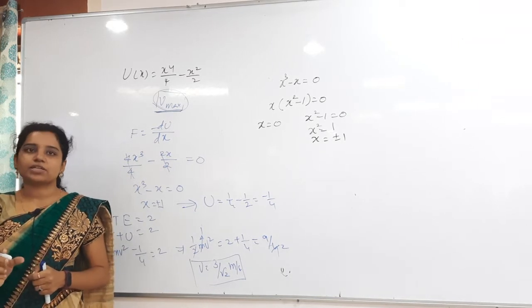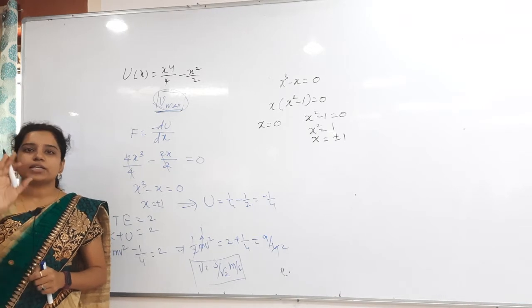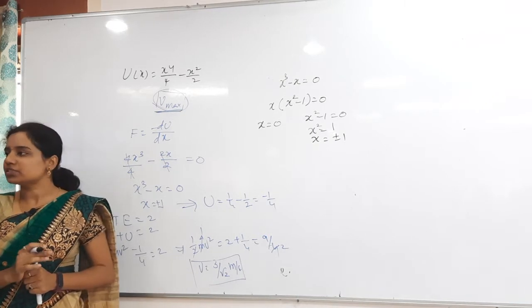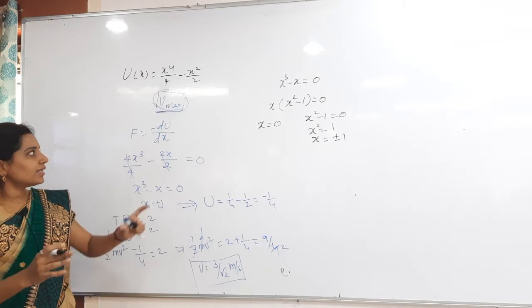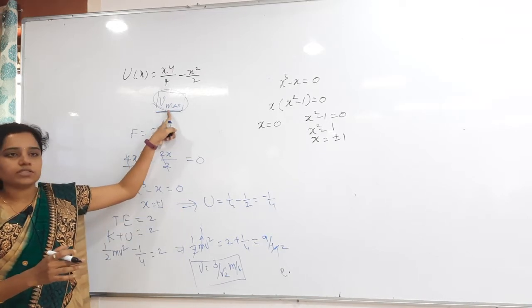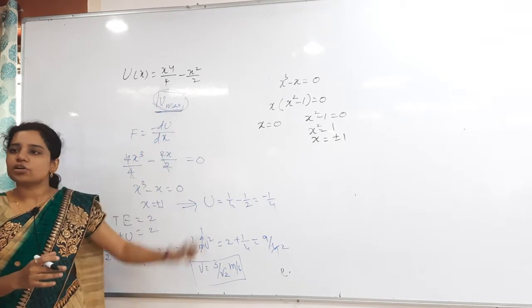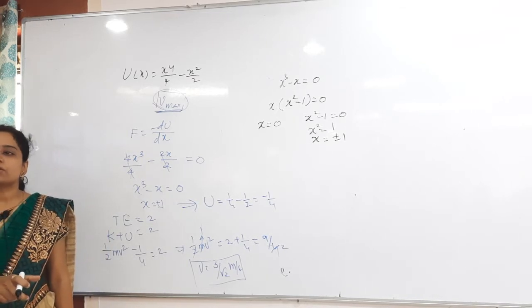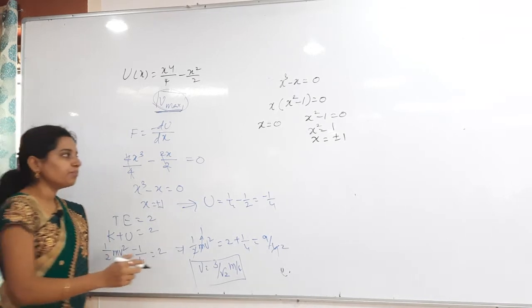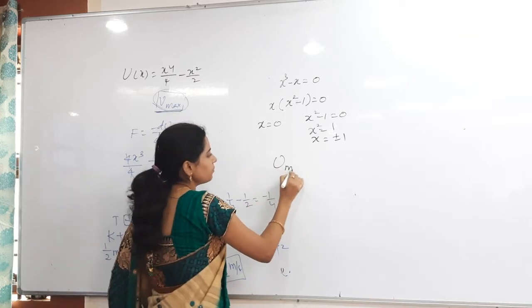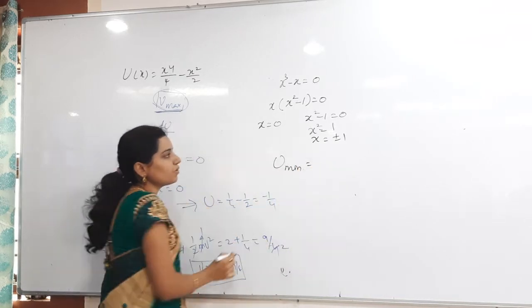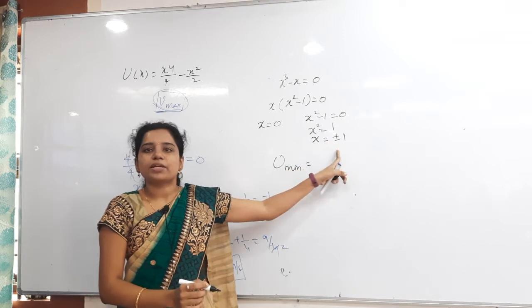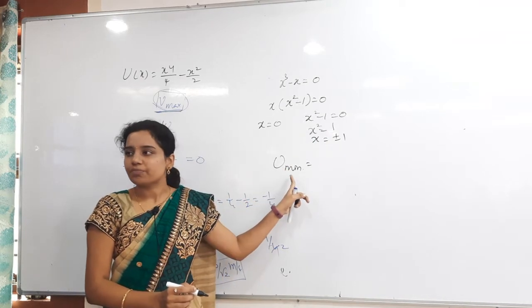Either kinetic energy is maximum or potential energy is maximum. They are asking that velocity is maximum, which means kinetic energy is maximum, so at that time potential energy will be minimum. U is minimum at plus or minus 1.